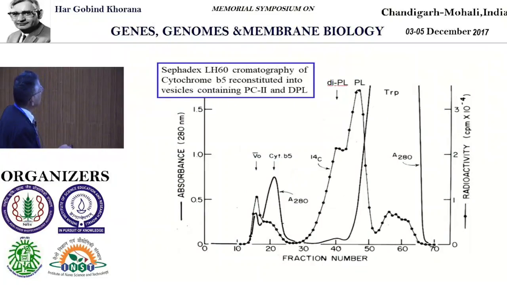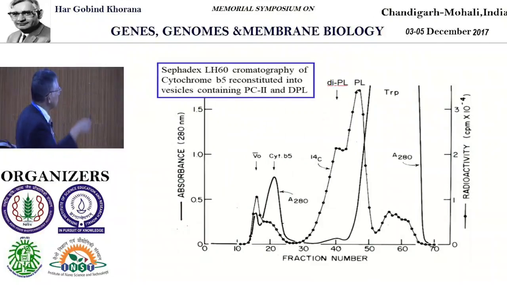So I did the cross-linking using these conditions, and just to make sure, I added tryptophan at 25 millimolar into the solution too, to avoid tryptophan damage. This is a gel permeation chromatography: phospholipid monomer, phospholipid dimer, cross-linked cytochrome B5, but cytochrome B5 also got oligomerized, likely at the hydrophilic portion having heme inside.